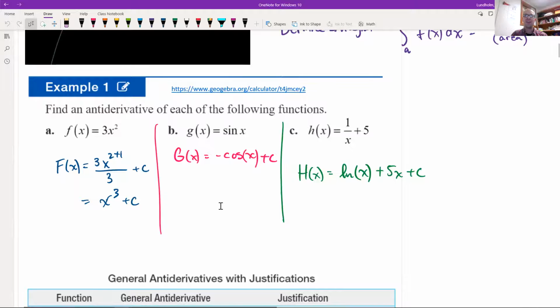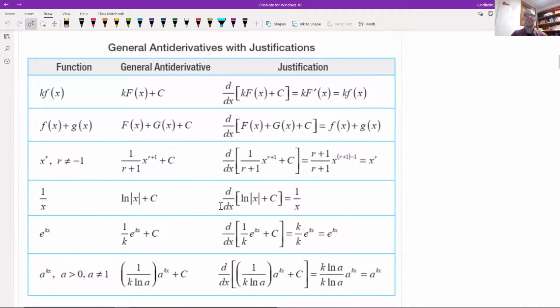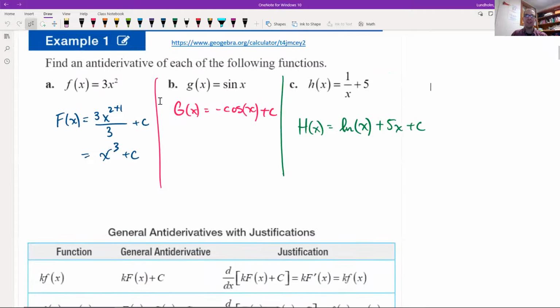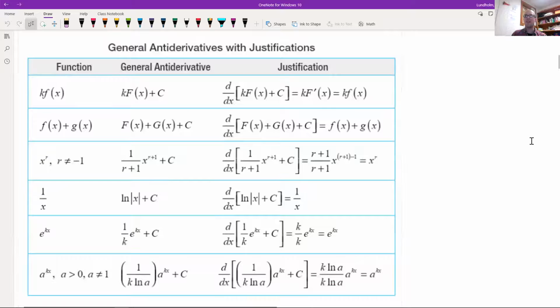And there are many formulas that may or may not be helpful to you. I mean, really every time I do an antiderivative, I think I've memorized things mostly according to the derivative rules, and then I'm just undoing those derivative rules when I take antiderivatives.